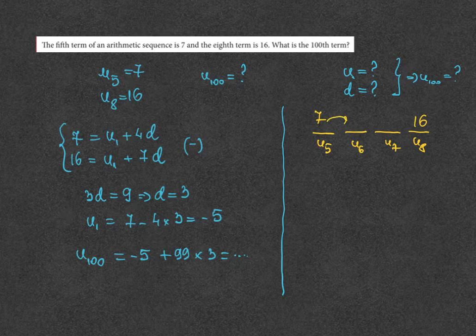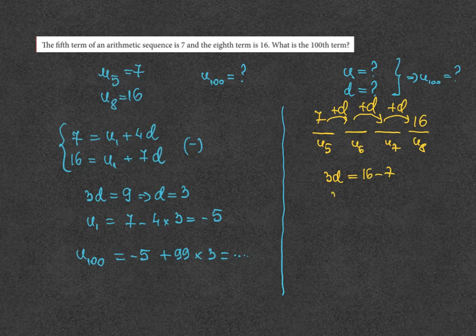So here I have plus d, plus another d, plus another d. See how the difference between 7 and 16 is 3d. So 3d will be 16 minus 7, which is 9. That's an intuitive way of approaching it. And it's okay to make sense of math problems rather than jumping into equations, especially helpful when questions get more tricky.